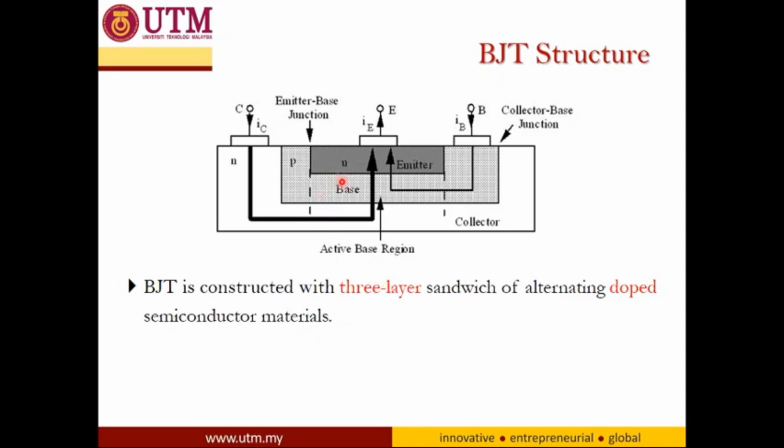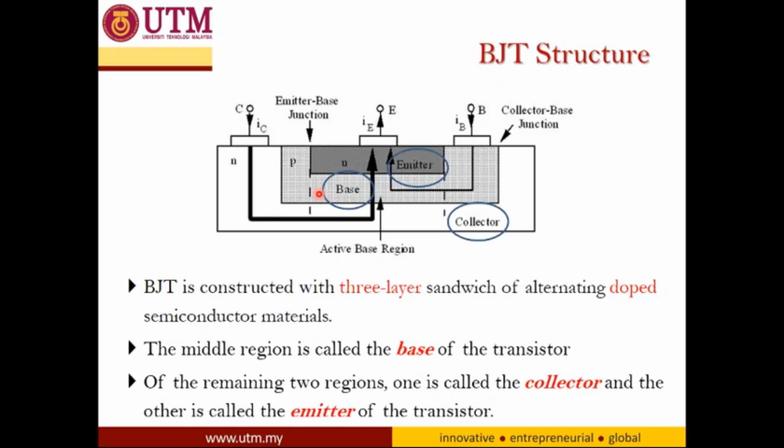The middle region is called the base, and the remaining two regions are called the collector and the emitter. The base is at the middle layer with the opposite doping type.